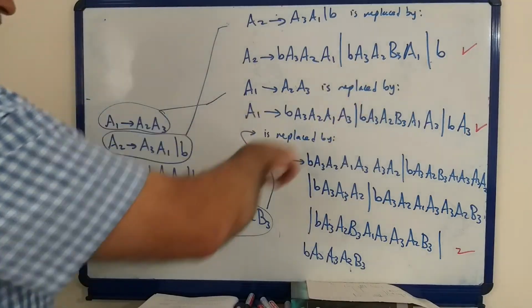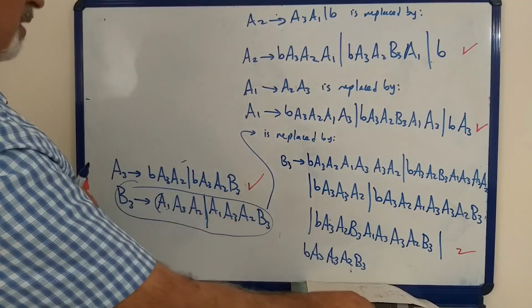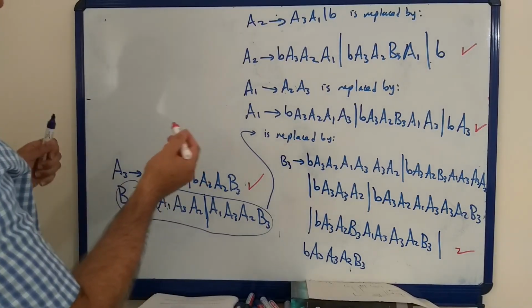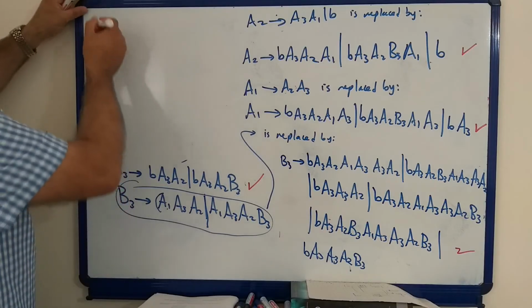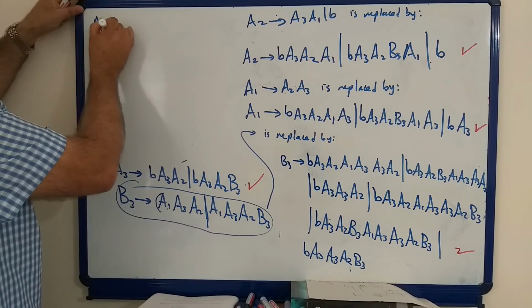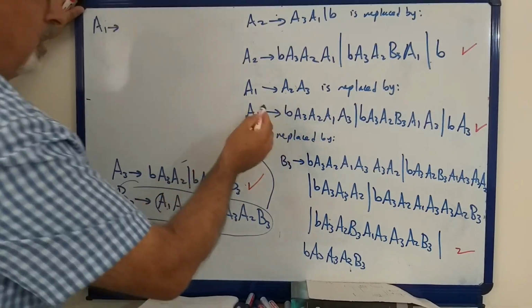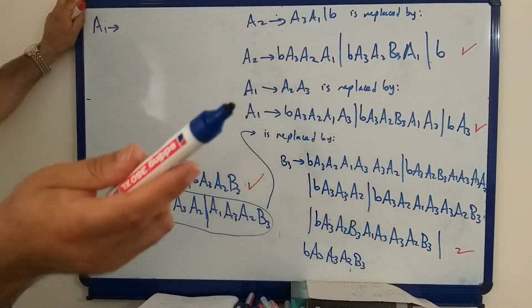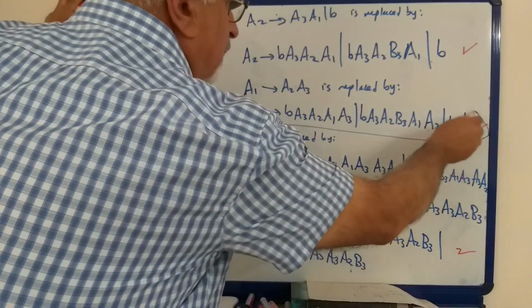Now, just put them all together. So you will write them here. A1 gives. Okay? So just write in the example because the video is finishing now. Just write these productions.